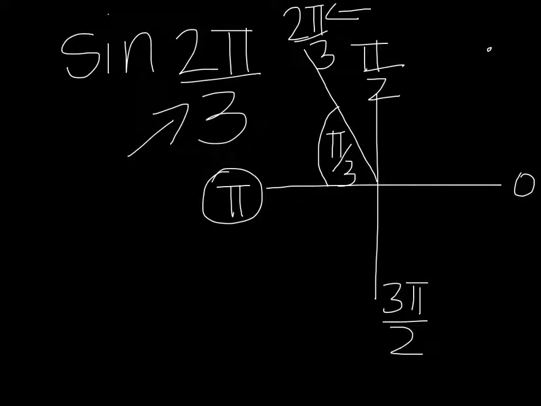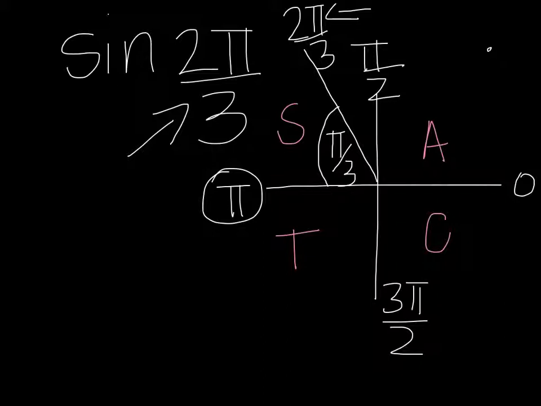Then what you should do is also mark in your cast rule. The cast rule tells us which trig ratio is positive in which of the quadrants.